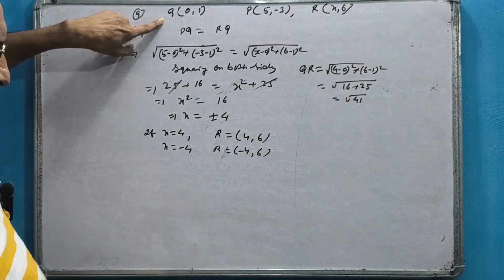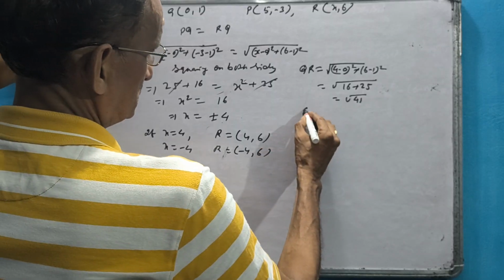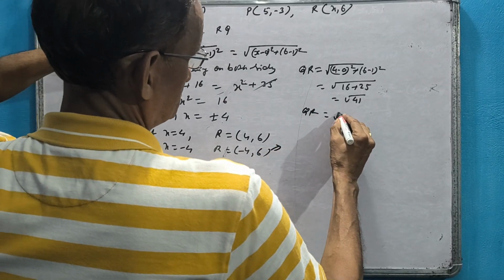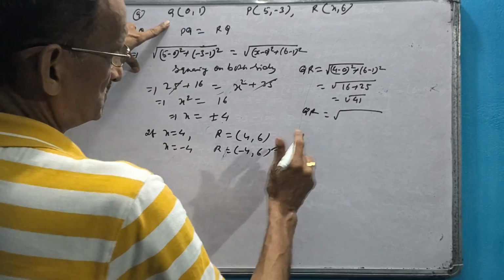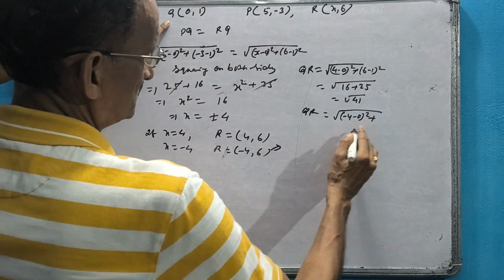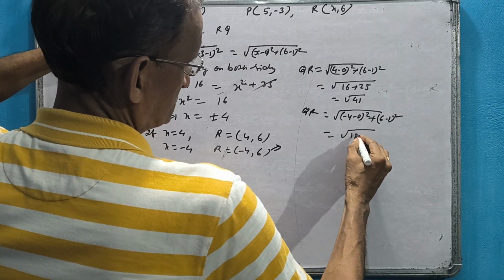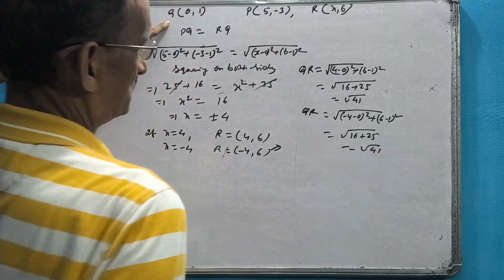Now for R equal to (-4, 6): (-4 minus 0) whole square plus (6 minus 1) whole square, which is 16 plus 25, 41 only.